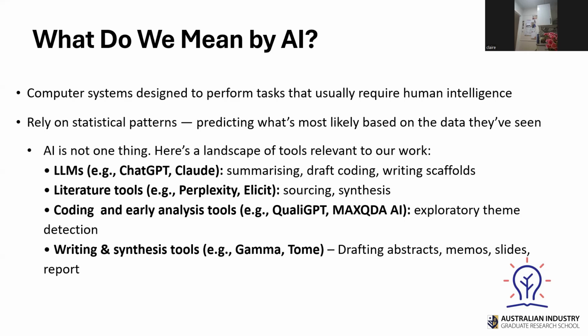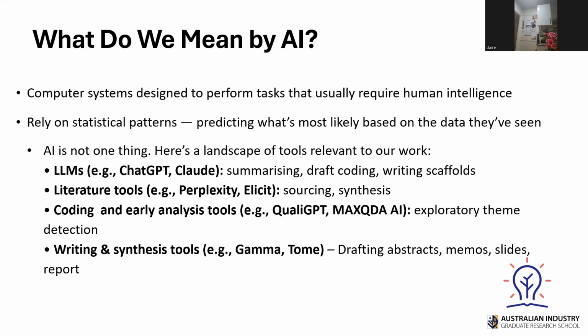Tools like Claude and ChatGPT are great for summarizing, for drafting, coding, and writing scaffolding. So, for all different kinds of things. And this can pertain to our work as researchers. It can also pertain to things in our personal lives.